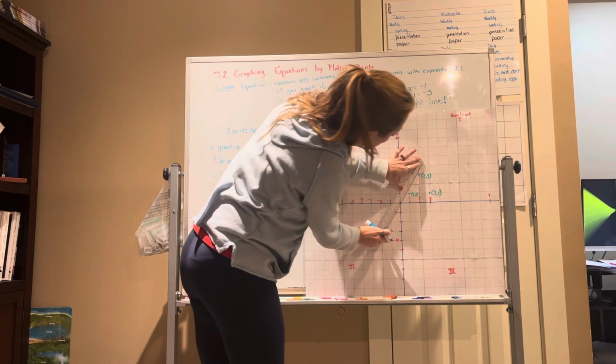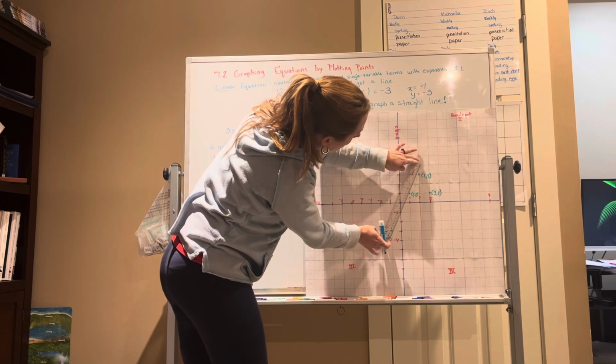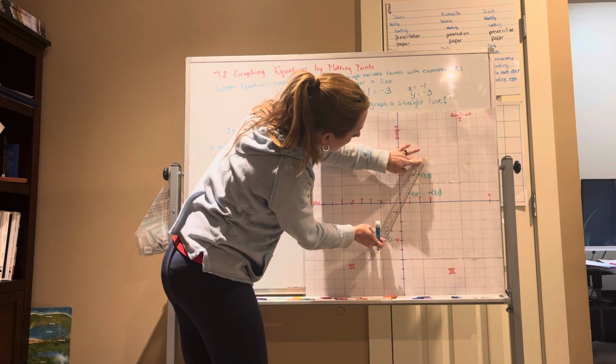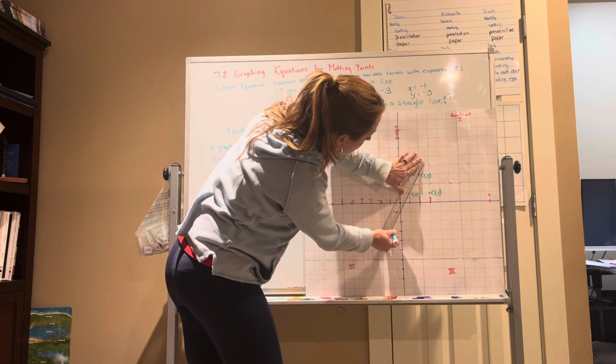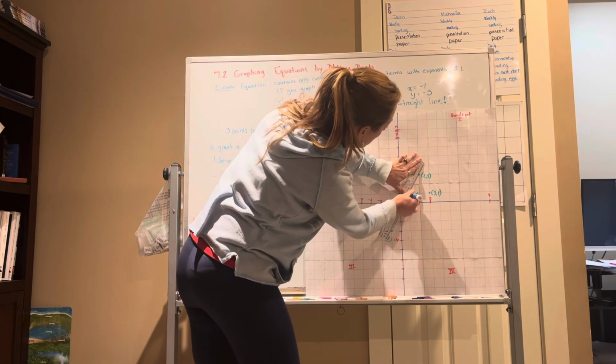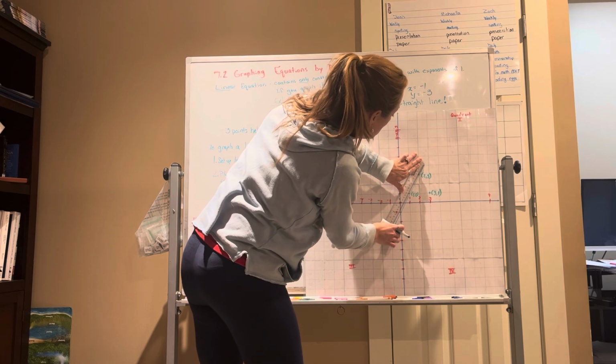If I just had those 2 dots, I might have gone something like this, or I might have gone something like that. But that third dot does help to reduce error. And so my graphed equation would look something like this.